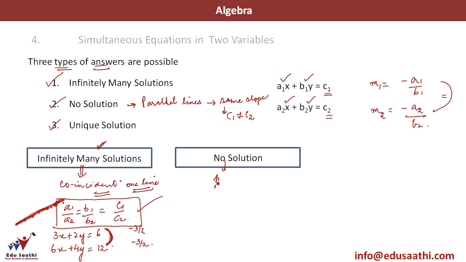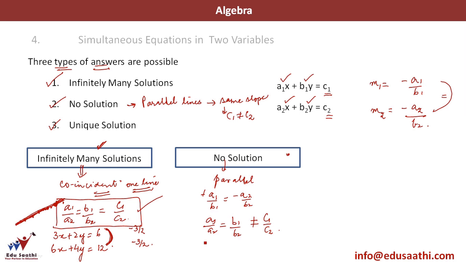No solutions when the lines are parallel. There's no point on line 1 which satisfies the equation of line 2. Parallel lines mean only the slopes are equal. So if I just cancel the minus sign and cross multiply, a1 over a2 is equal to b1 over b2 but not equal to c1 over c2.